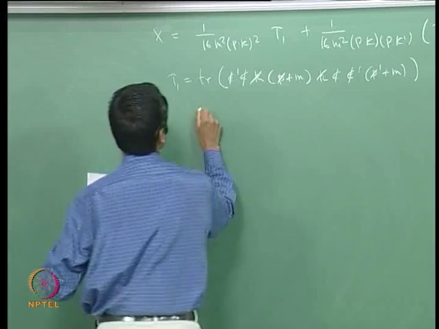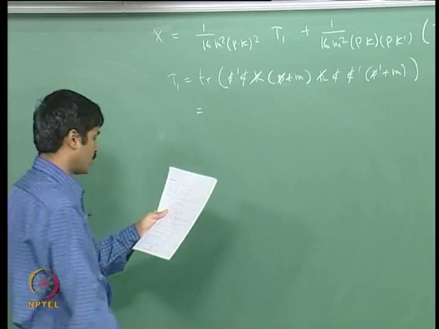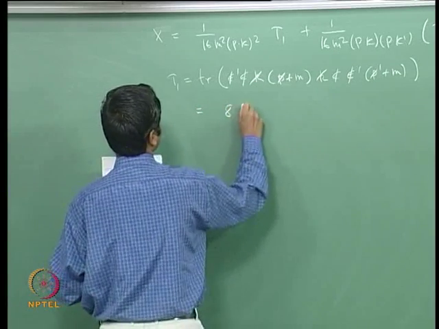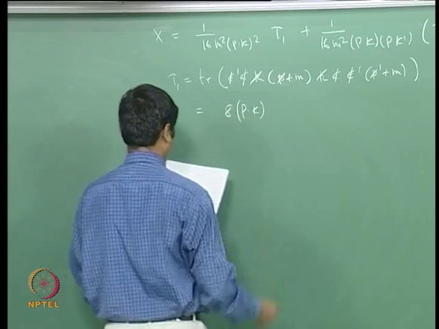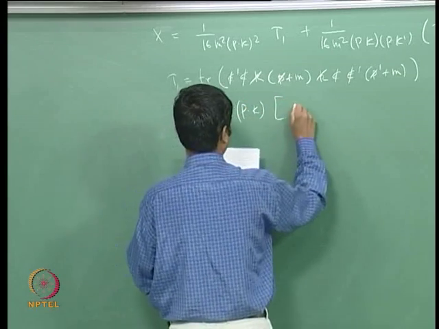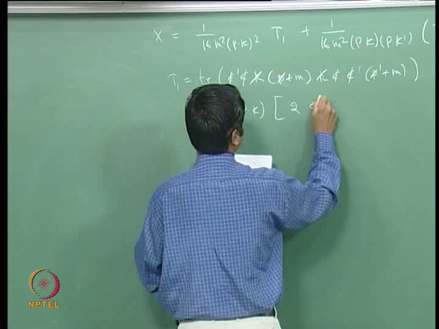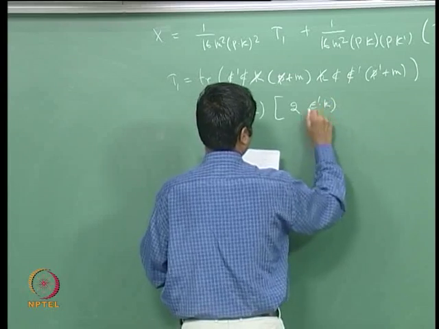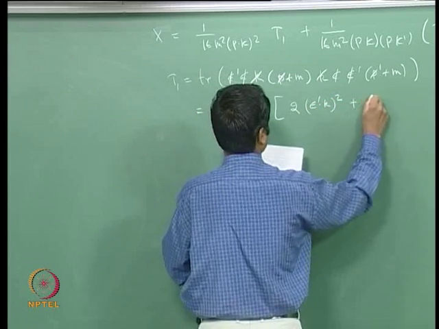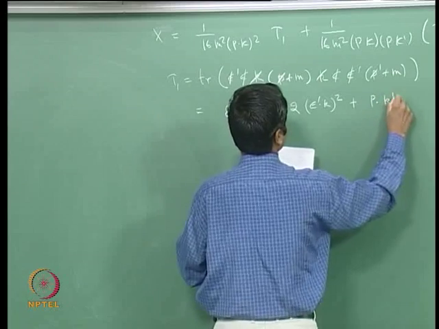We have evaluated the trace and then we have shown that this quantity is given by 8 p·k times 2 (ε'·k)² plus p·k'.